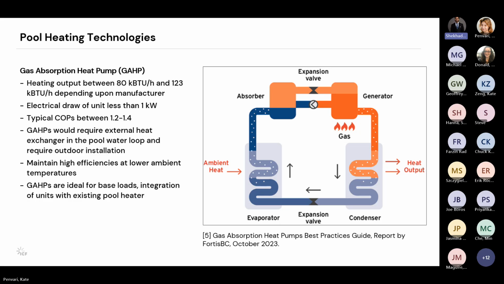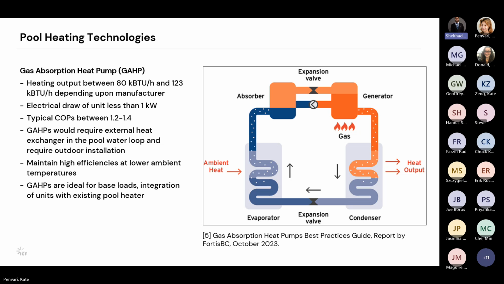But the main point of the slide is that GHAPs have this ability to maintain high efficiencies at lower temperatures compared to domestic hot water application, and they can produce water temperatures up to the required range, and they could be ideal for this application, and especially ideal for being the base load, and the existing gas-fired pool heater can handle peak loads as necessary.